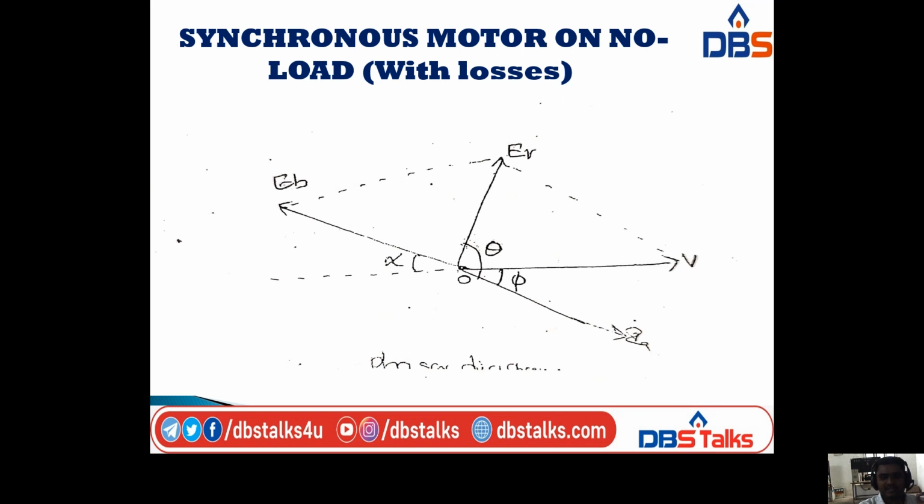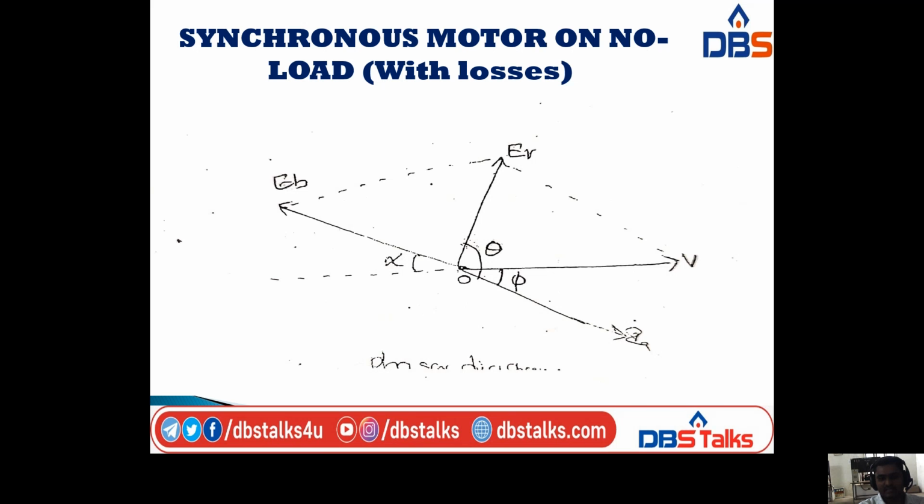So this is the phasor diagram for the synchronous motor with losses. Here I am taking the voltage line as the reference. The supply voltage V lags the current IA at an angle phi, and it leads the back EMF at an angle alpha.